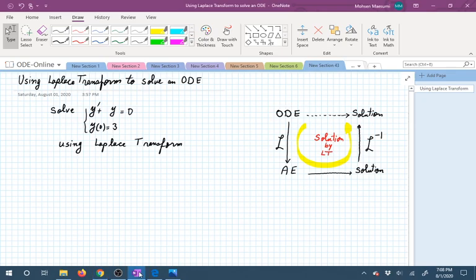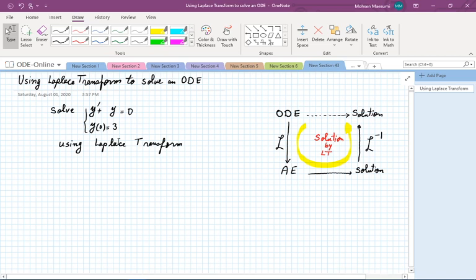Let's go ahead and see how does it work in the context of this very simple problem. So the approach we are going to have is to take the Laplace transform of the entire equation. So you might be wondering, how does that work? Where is the formula I'm supposed to take a Laplace transform of?